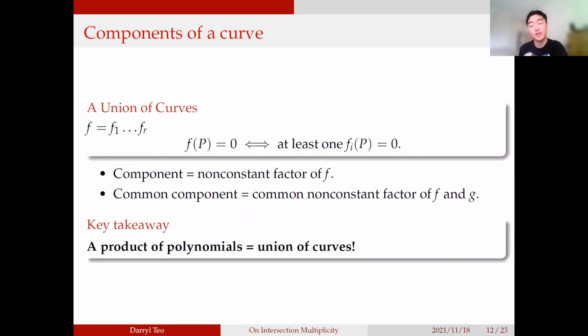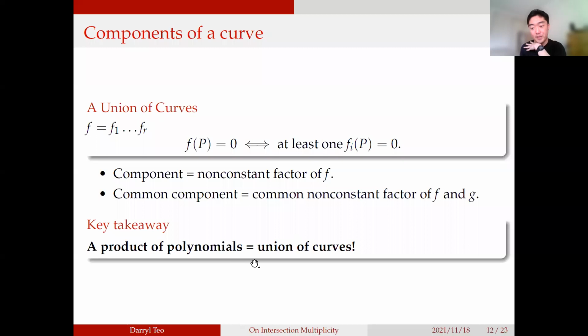If F is a factorization of polynomials, it doesn't have to be irreducible, just a factorization, then we know that F(P) is equal to 0 if and only if at least one of the F_i(P) is equal to 0. Therefore, a point P is on F if and only if it is on one of its factors.